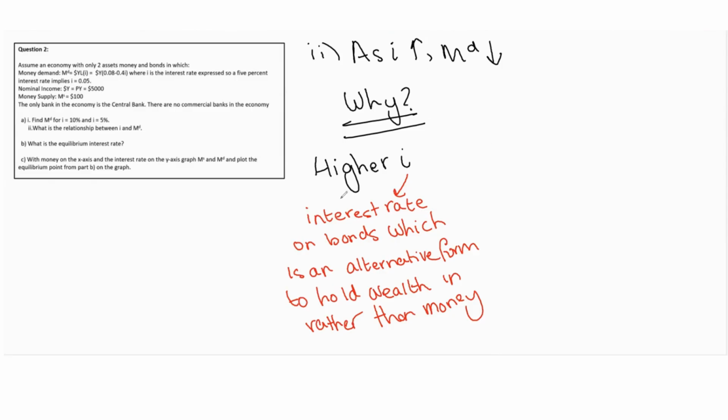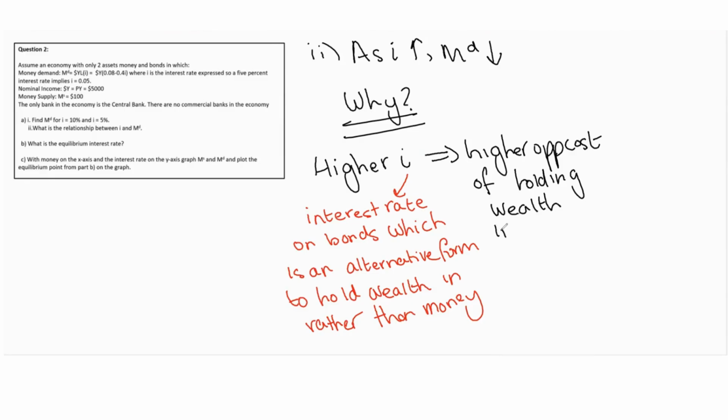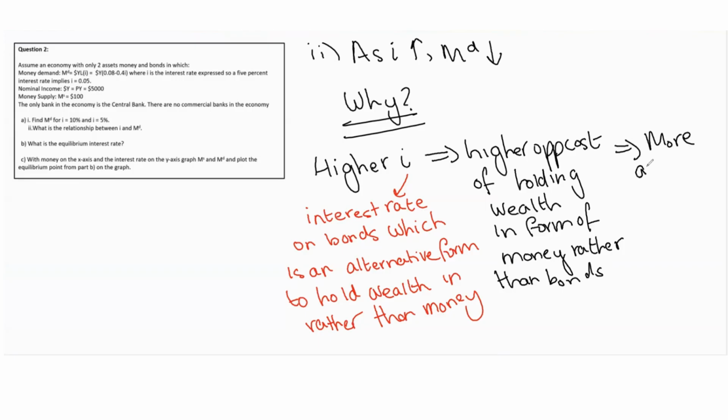And money demand depends negatively on this interest rate on bonds. Why? Because a higher i means a higher interest rate on bonds, which means a higher opportunity cost of holding wealth in the form of money rather than bonds. So it's more attractive to hold bonds, which pay interest.